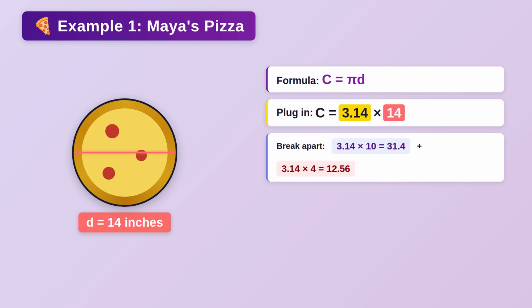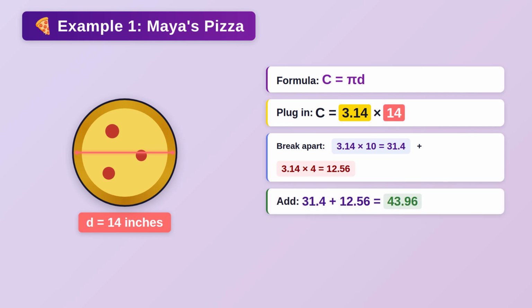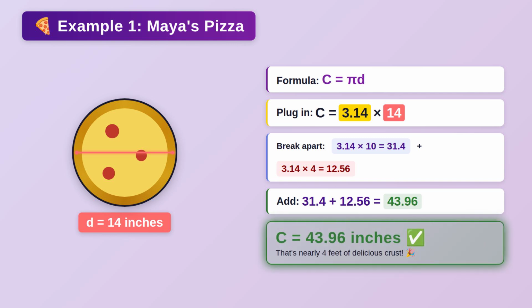Let's solve Maya's pizza problem. The pizza has a diameter of 14 inches. We'll use c equals pi times d. So c equals 3.14 times 14. Now let's multiply. 3.14 times 14. Think of it as 3.14 times 10, which is 31.4, plus 3.14 times 4, which is 12.56.